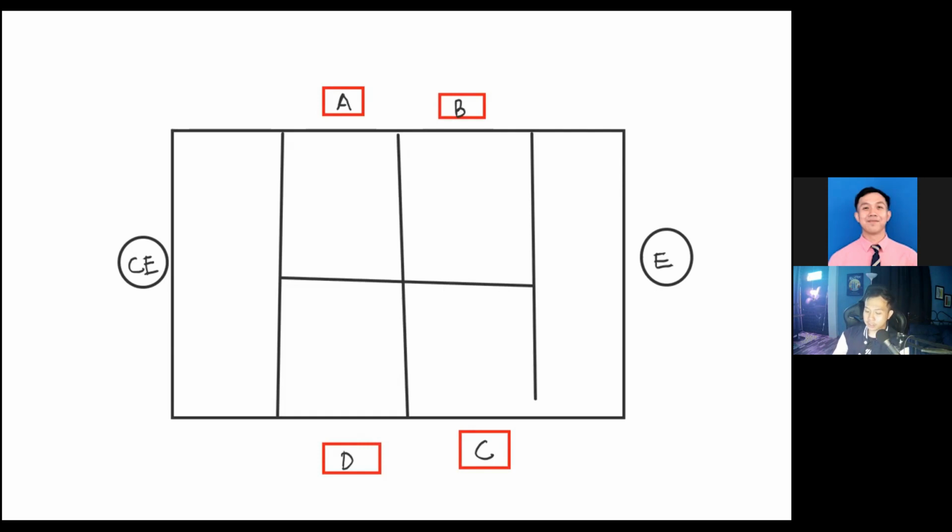Alright, once you enter the hall, all of you will sit according to the seats provided by the examiner or the chief examiner. So A sits at table A, then B, C, and D, and after that, the chief examiner will introduce you to the procedure of the examination itself.